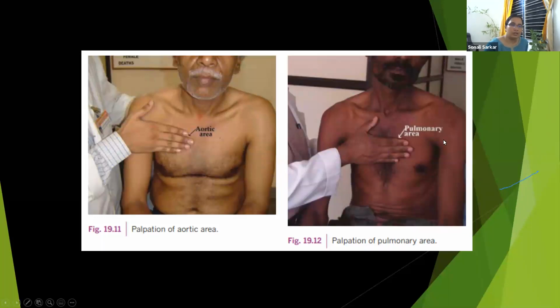Why expiration? Although it's the pulmonary area and a right-sided event, during expiration the apex of the lungs will be smaller. Hence, you can easily palpate the aortic and the pulmonary area. In inspiration, the apex of the lungs will be filled with air, so the aortic and the pulmonary area will not be easily palpated, because the apex of the lungs will come till here.